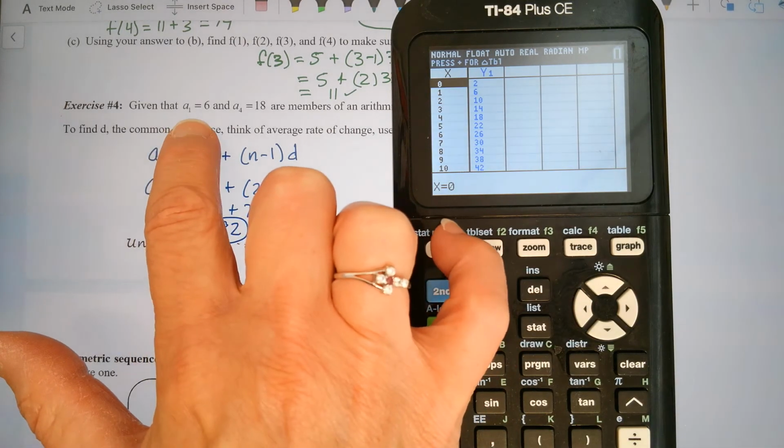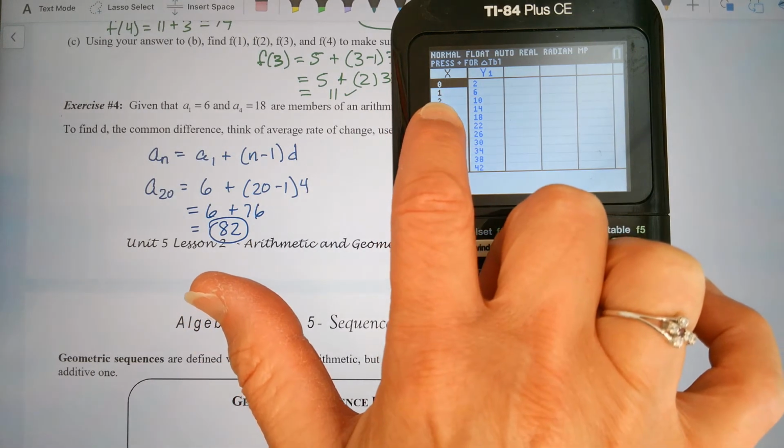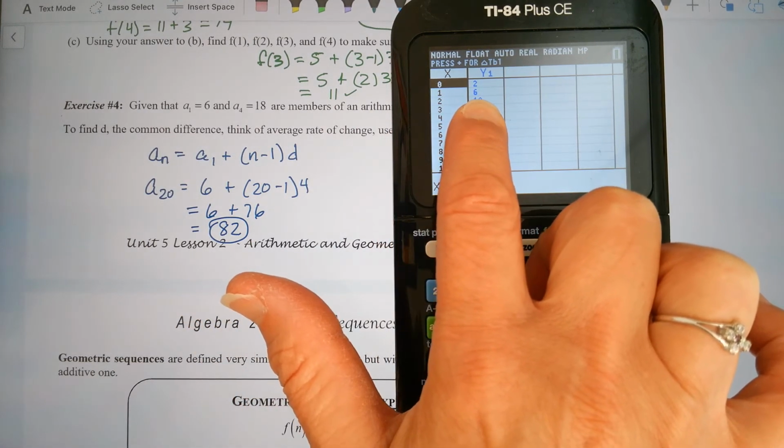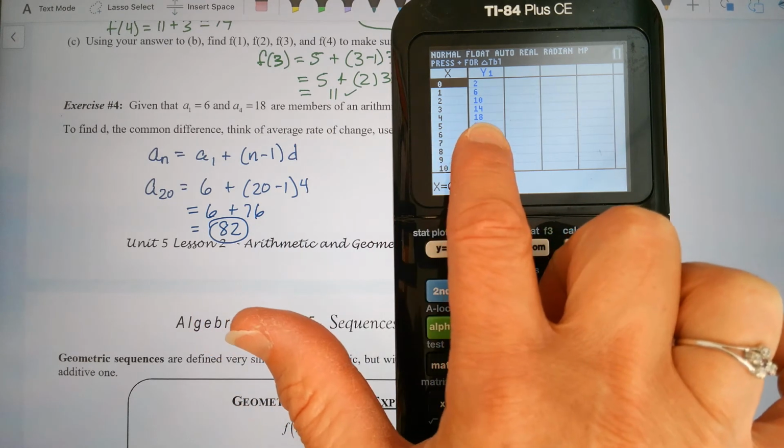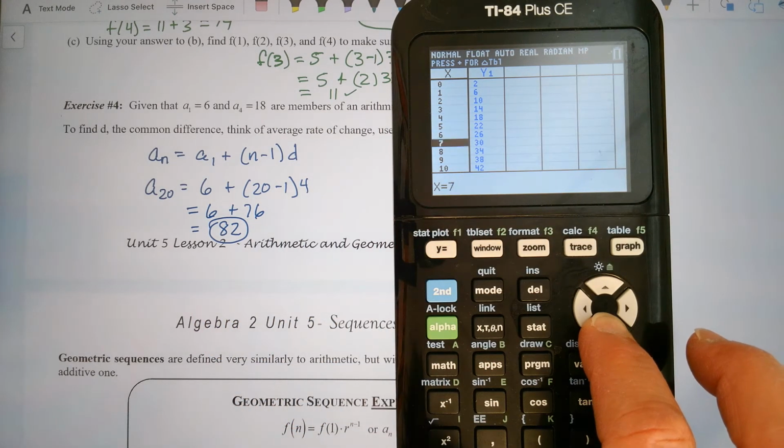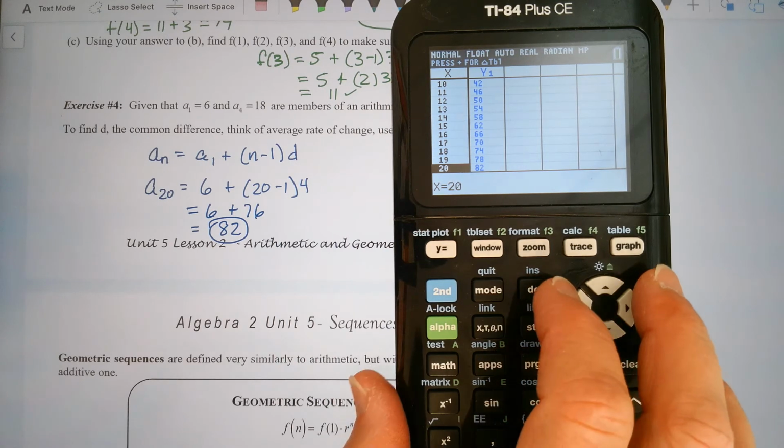The first term, right, its value is 6. The fourth term, its value is 18. And the 20th term, let's see, its value is 82.